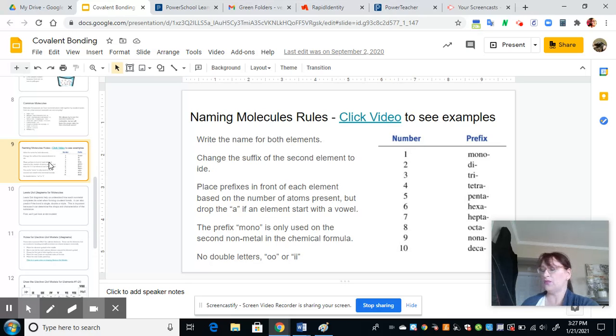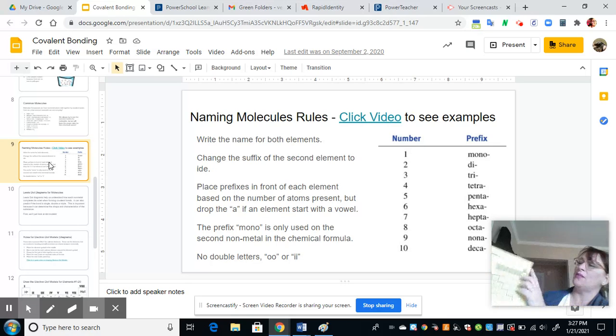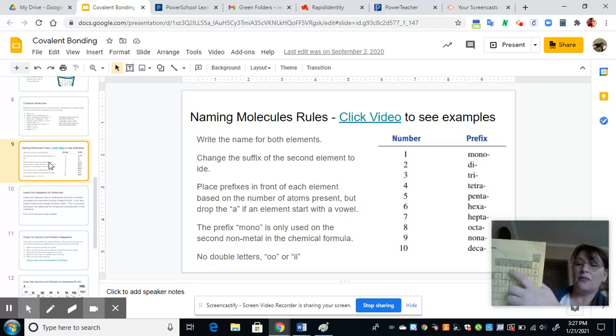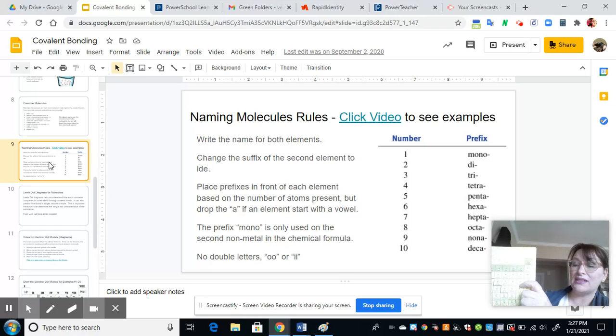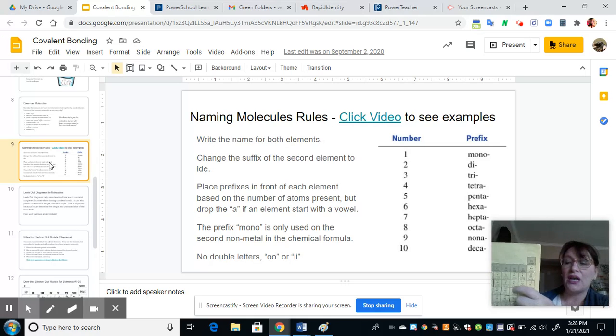So let me go over the roots of these with you guys. Looking on the periodic table, carbon would just be carb, oxygen would be ox, nitrogen would be nitr, N-I-T-R, fluorine would be fluor, F-L-U-O-R, chlorine is chlor, C-H-L-O-R. Sulfur gets a little bit tricky.